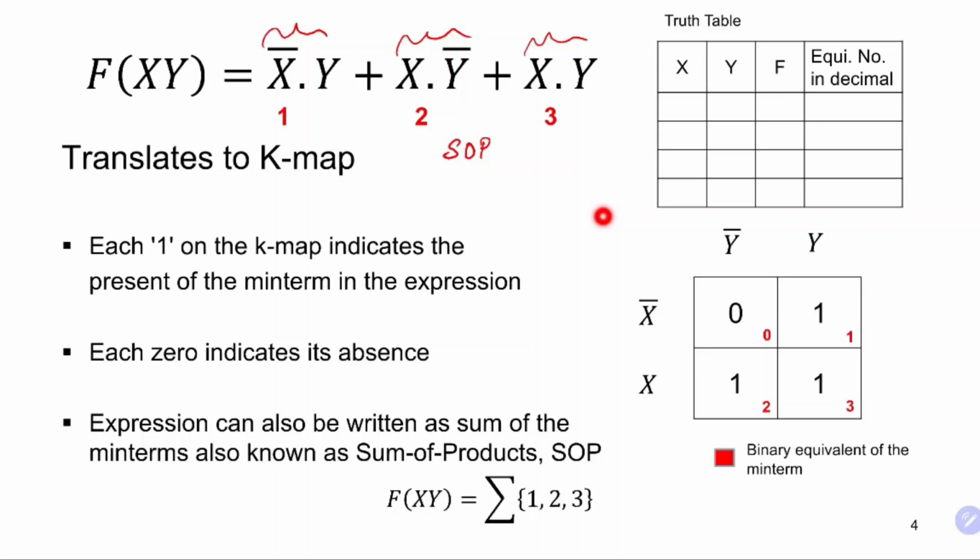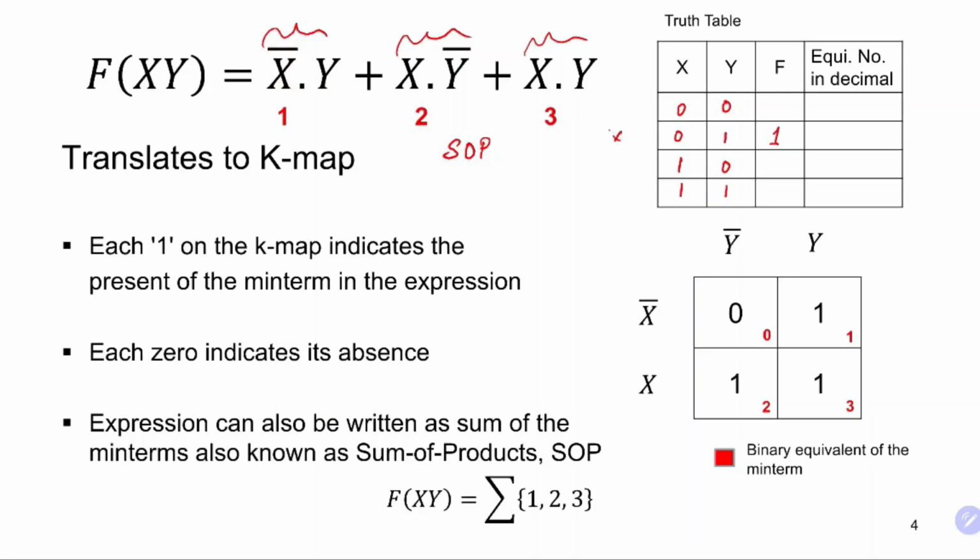I've got two variables, x, y. I've got x bar y. So x bar y means x is 0, y is 1. I'll get a 1 in my function.